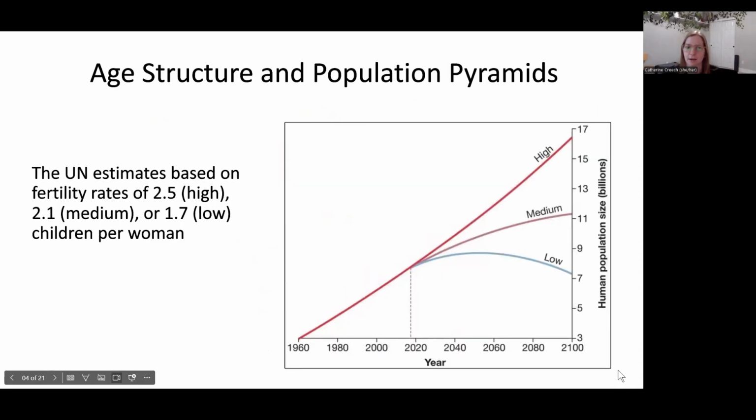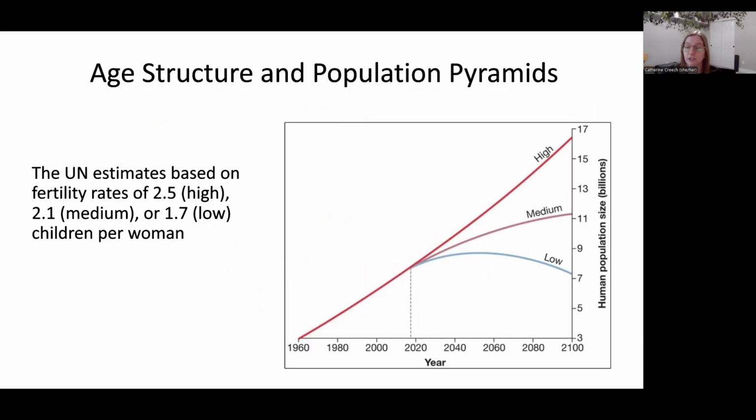Let's continue talking about age structure. The United Nations has given us 3 estimates of what's going to happen to the human population. And here we are, we're like 2026, which is right here. This is where our data is real. And then here is our speculation.